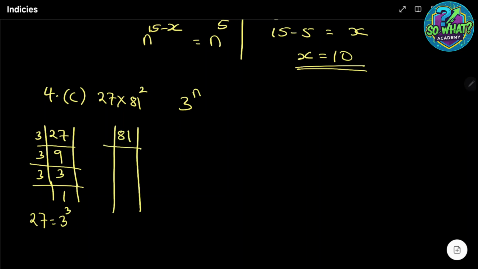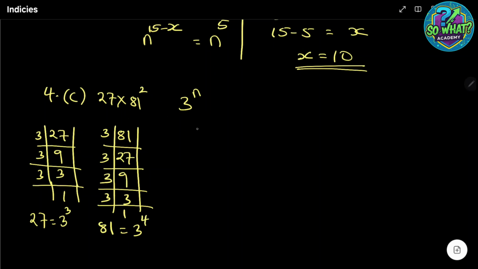We are also going to divide by 3 throughout and see what comes out. 81 divided by 3 is 27, and the rest is exactly what we did above. So by 3 is 9, by 3 is 3, and by 3 is 1, meaning 81 is equal to 3 power 1, 2, 3, 4.